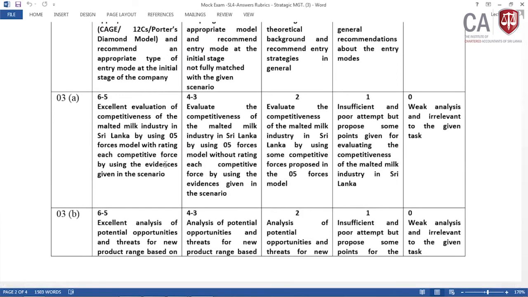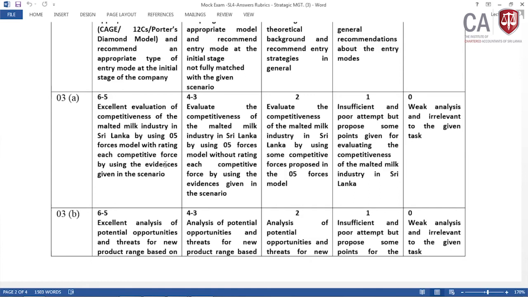We will say what the examiner says: excellent evaluation of the competitiveness of the malted milk industry in Sri Lanka by using the 5 forces model, with rating of each competitive force using the evidence given in the scenario. If you have done that properly, you will get more marks, 6 to 5 marks.